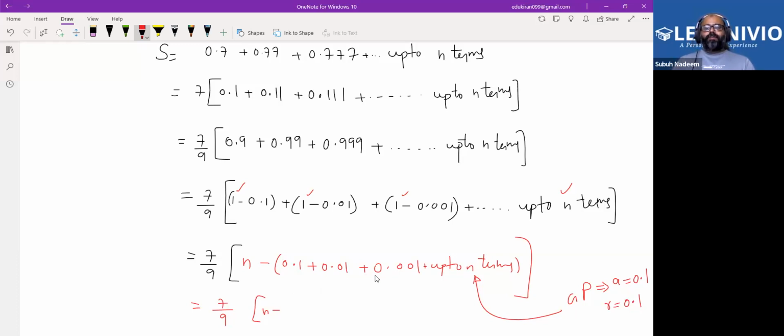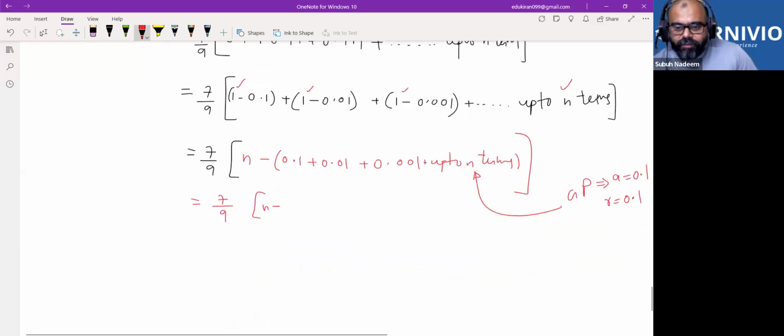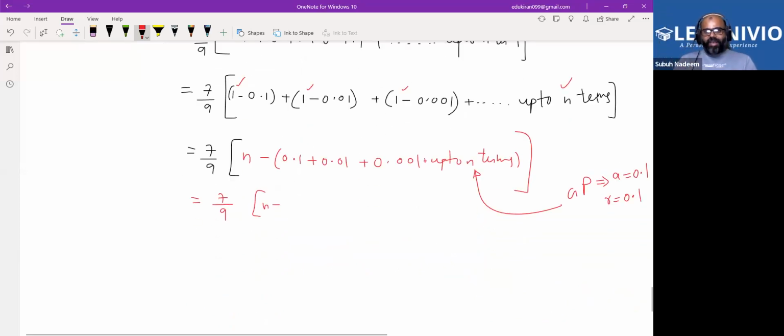Then again you will multiply 0.1 to this, you will get 0.001. So you will therefore get the formula A, which is 0.1, into 1 minus r to the power n, that is 0.1 to the power n, by 1 minus 0.1, that is 1 minus r. This formula you will get.